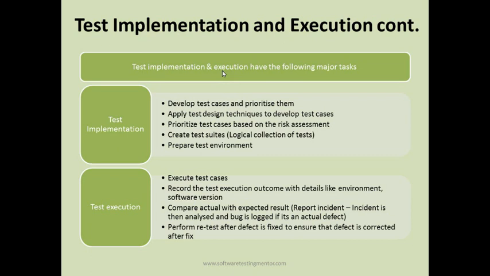If any of the actual results doesn't match the expected, you mark it as an incident and a defect, and then that gets fixed. Then you perform a retest after the defect is fixed to ensure that the defect is corrected. So during test execution, you execute your test cases. If the actual result doesn't match the expected result, you log a defect. That defect is fixed by developers.